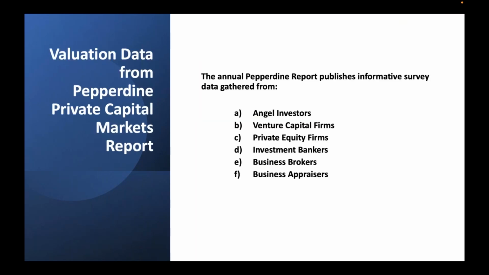Okay, next slide. There's a very interesting report that I would encourage all of you to consider buying. It's not expensive. I think it's like $125. It's published annually from Pepperdine University, and it's called the Capital Markets Report, and it's based on, importantly, survey data.